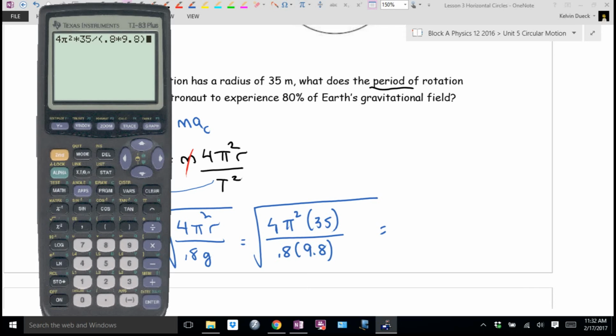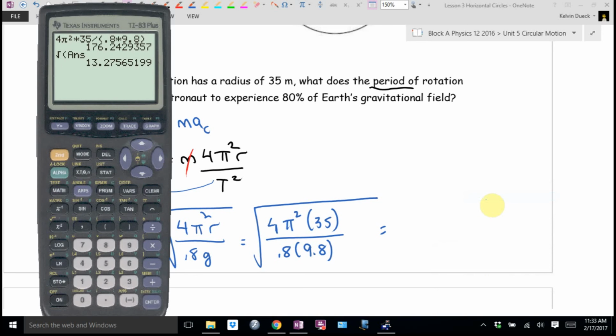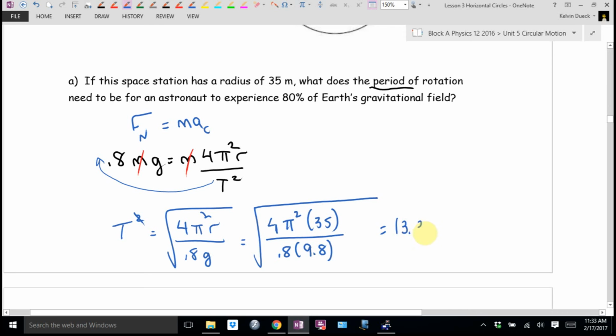Do you have a calculator here? Do you have a phone here? Power it off. Come swap me. So we want this to spin every 13.3 seconds.